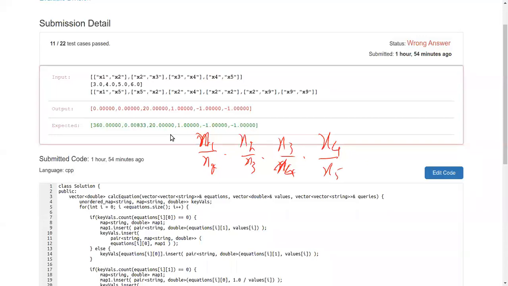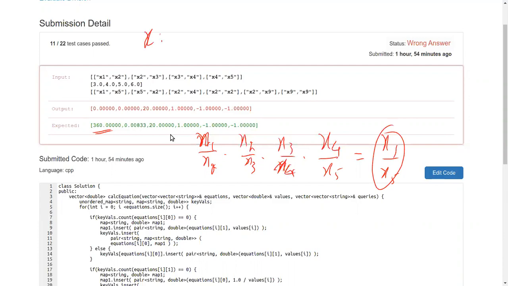If you look at here, this is essentially x1 by x5, and that's what the query is. So the answer for this one is going to be 3 into 4 into 5 into 6, which is 360. That's what they're expecting. So it's kind of a path. And now if you look back into the representation we used, in this case for x1, right?